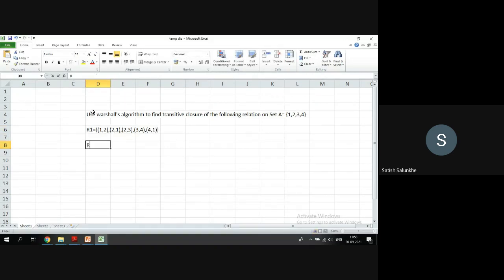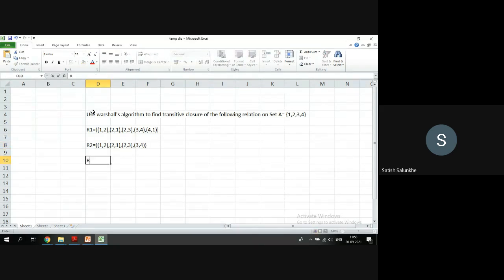Take another relation R2 for your exercise: 1 2, 2 1, 2 3, and 3 4.